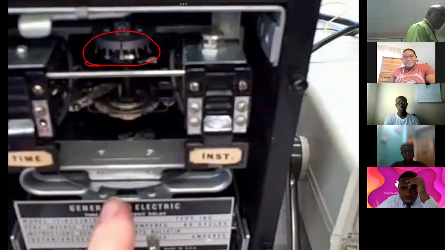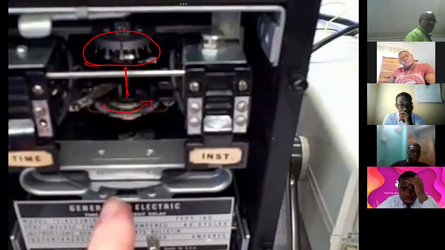But anyway, if you look right here, you can see the shaft that it is on. And so the movable contact is fixed onto that. When you turn the dial, you're shifting it closer to the fixed contact. It's difficult to see. You really need to come into the lab.